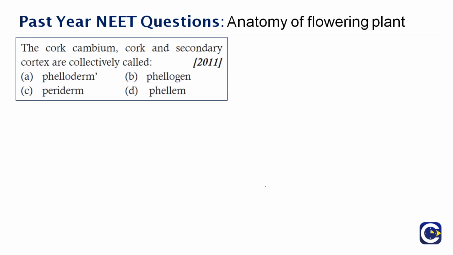Okay, next question here. The cork cambium and the secondary cortex are collectively called as. This is an easy question because we just now saw about the bottle cork and all that, but there is something exclusively called cork cambium. What does a cork cambium do, or what is it actually?